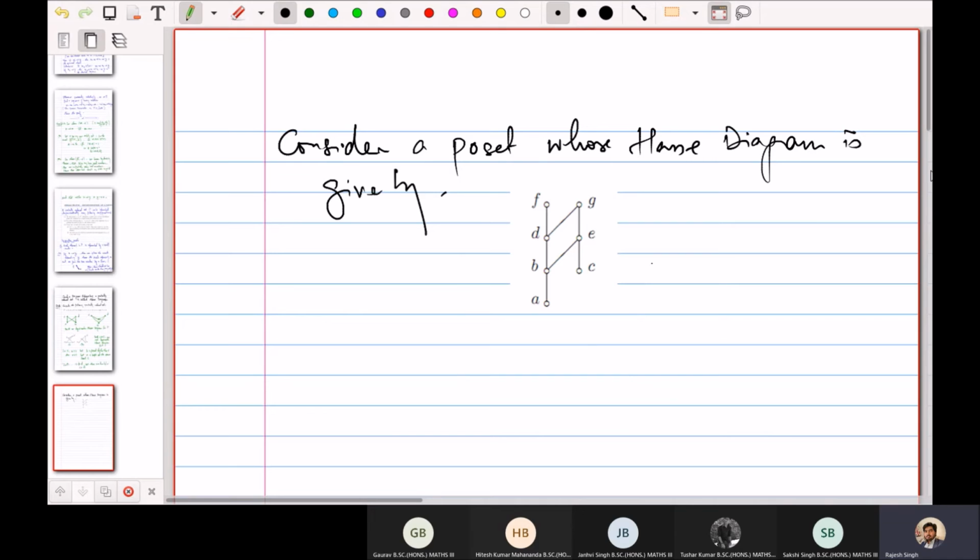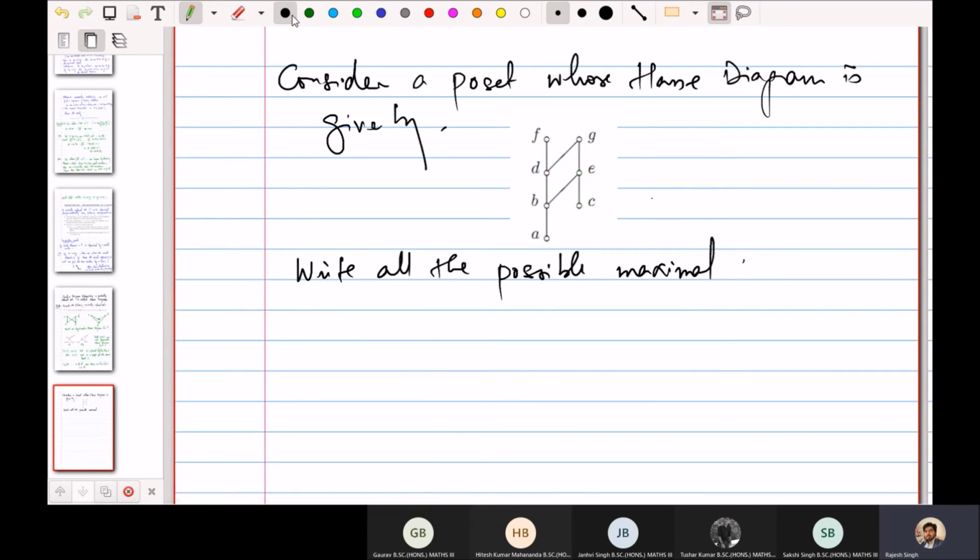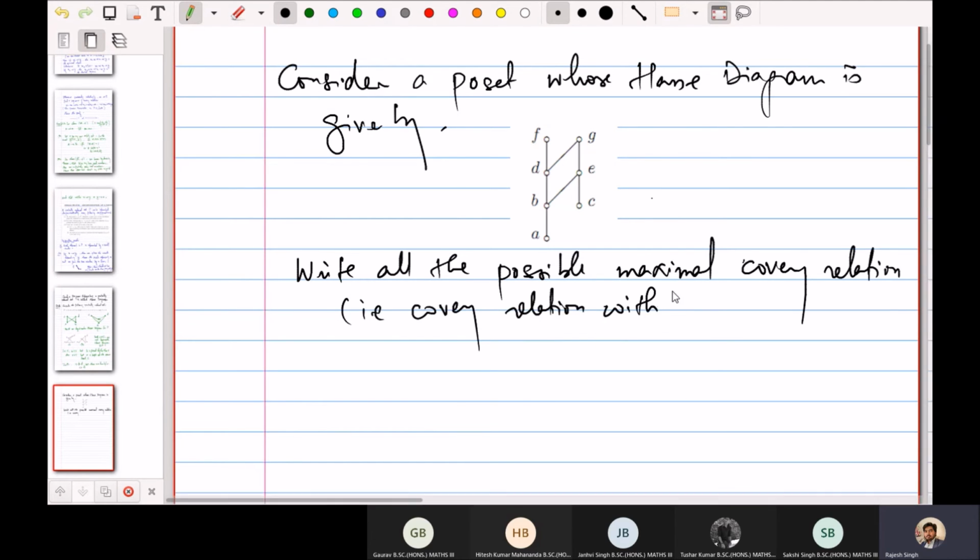So what can you say about this? Write all the possible maximal covering relations, that is, covering relations with maximum elements. Okay.